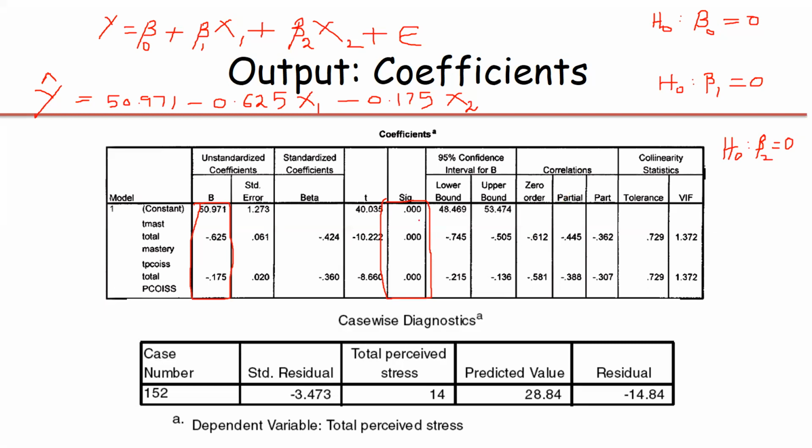All the p-values are smaller than 0.05. Therefore, these three null hypotheses are rejected, meaning that we have a significant y-intercept, we have a significant slope with the mastery control, we have a significant control with the PCOISS. All the three betas are significant. These three betas must be kept in the model. These p-values are indicating that.